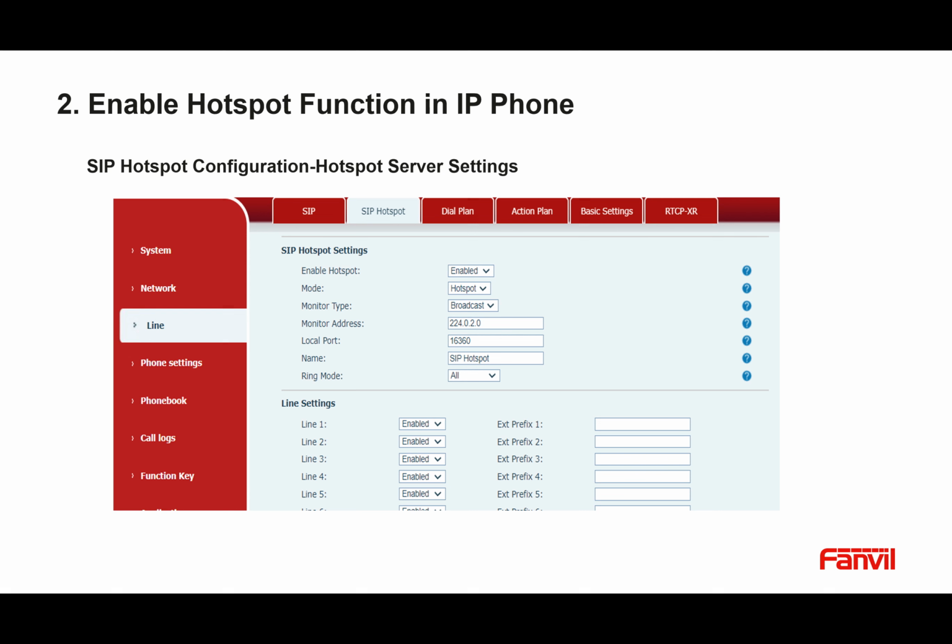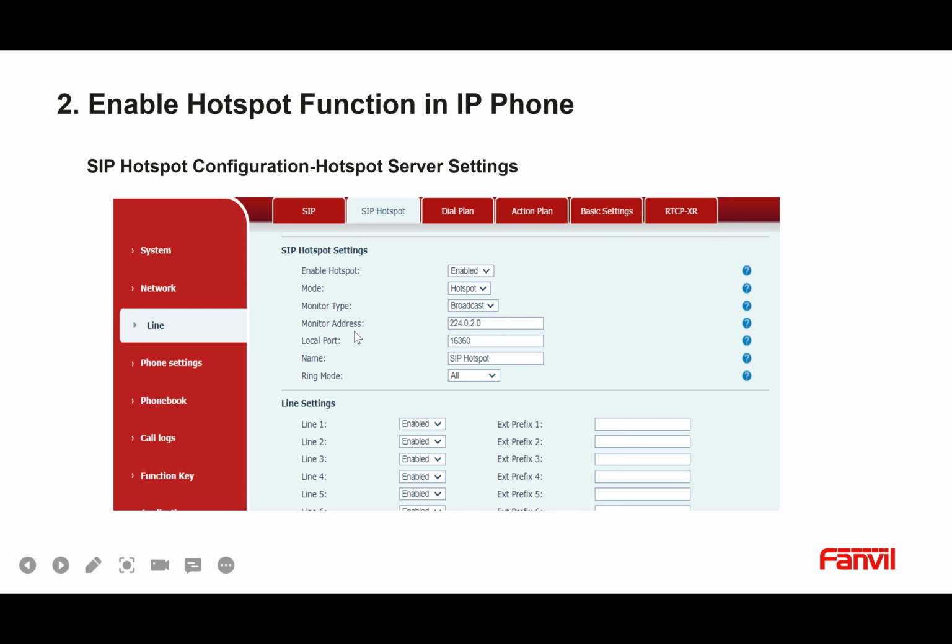If you want to limit the broadcast packets in the network, you can choose multicast. The monitoring type of the server and the client must be the same. For example, if the client's phone is selected as multicast, the phone as the SIP hotspot server must also be configured as multicast.